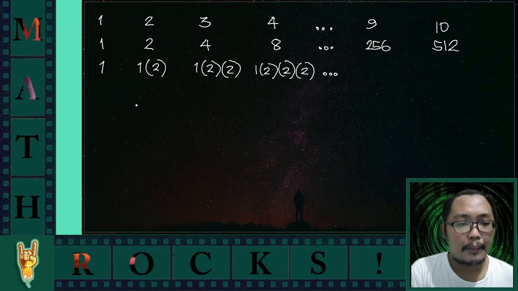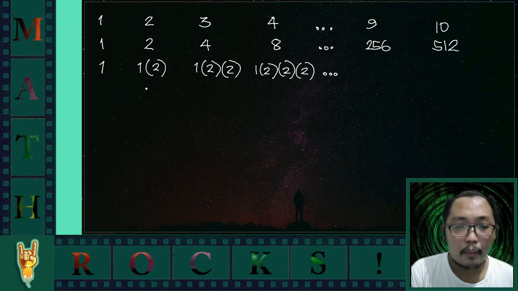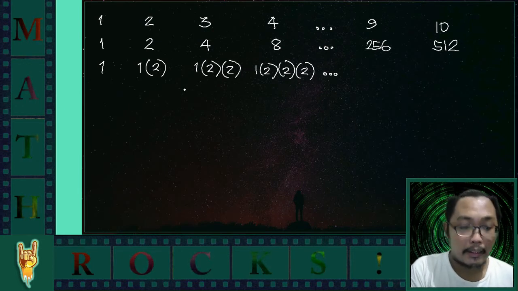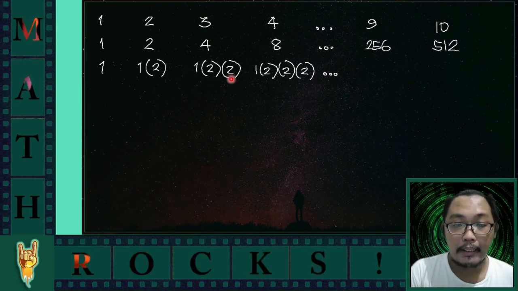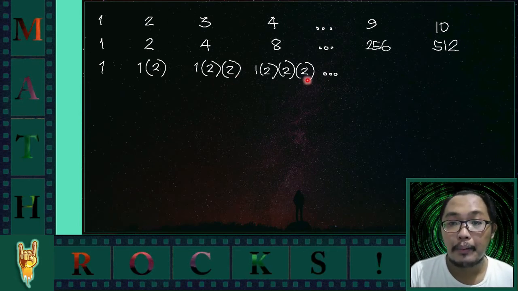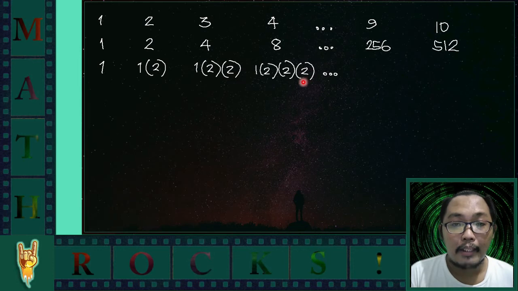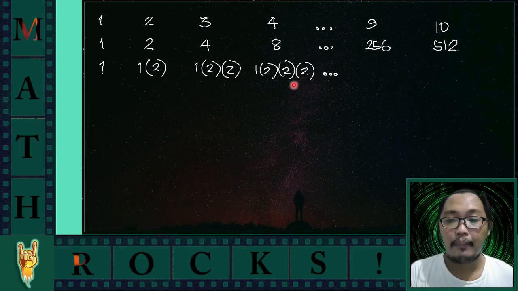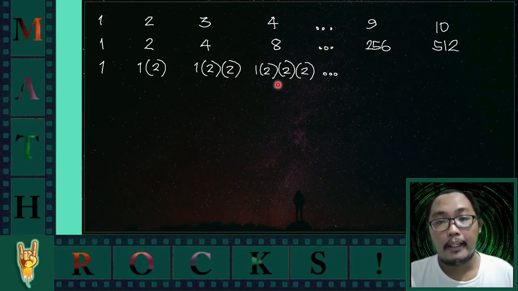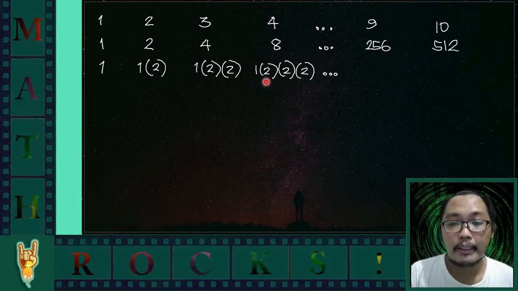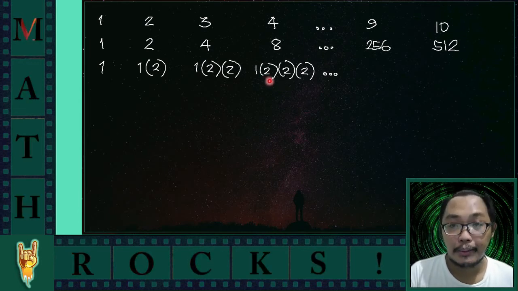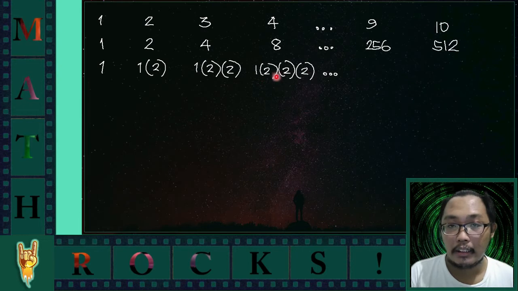So let us start with the idea of representing repeating numbers being multiplied to itself. You have learned during grade 9 that we can come up with an exponential expression which is equivalent to such an expression, just like this one.